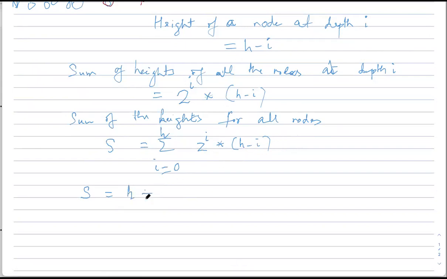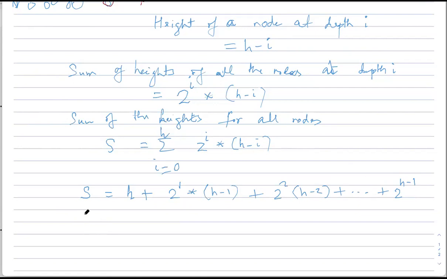So that is H, plus 2 to the power 1 times H minus 1, plus 2 square times H minus 2, plus dot dot dot, plus, when the value is H, this expression is 0. So we have to reach 2 to the power H minus 1, in which case H minus 1 is going to be equal to 1. So 2 to the power H minus 1 is going to be the last term.